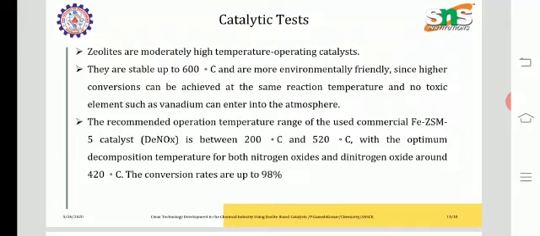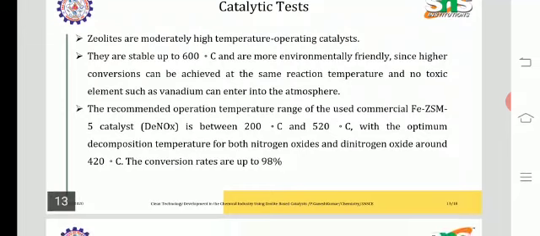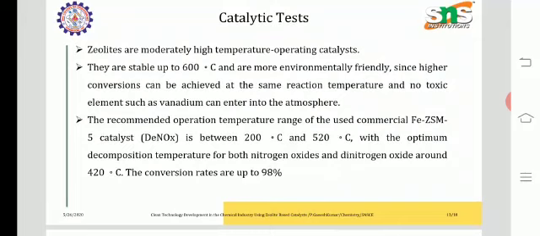The recommended operation temperature range of the commercial FeZSM5 catalyst for DNOx is between 200 to 520 degrees Celsius, with an optimum decomposition temperature of both nitrogen oxides and dinitrogen oxides around 420 degrees Celsius. The conversion rate is close to 98%. That's a good result.